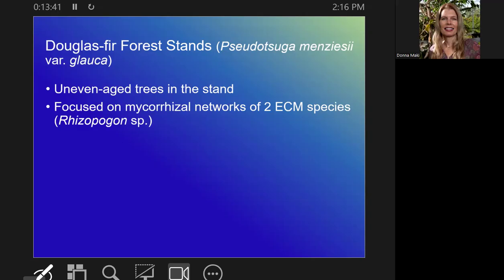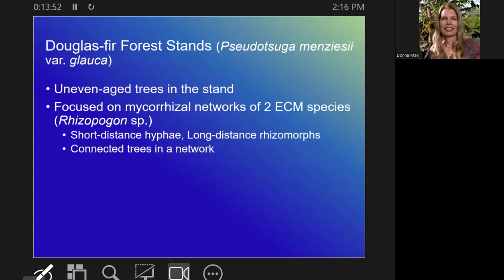And so they were looking at two different Rhizopogon ectomycorrhizal fungi. They display both that short distance hyphal growth as well as the rhizomorph growth. And they can point to the idea that all the Rhizopogon are connecting these trees in a network underground, and that they're continuous complex networks.